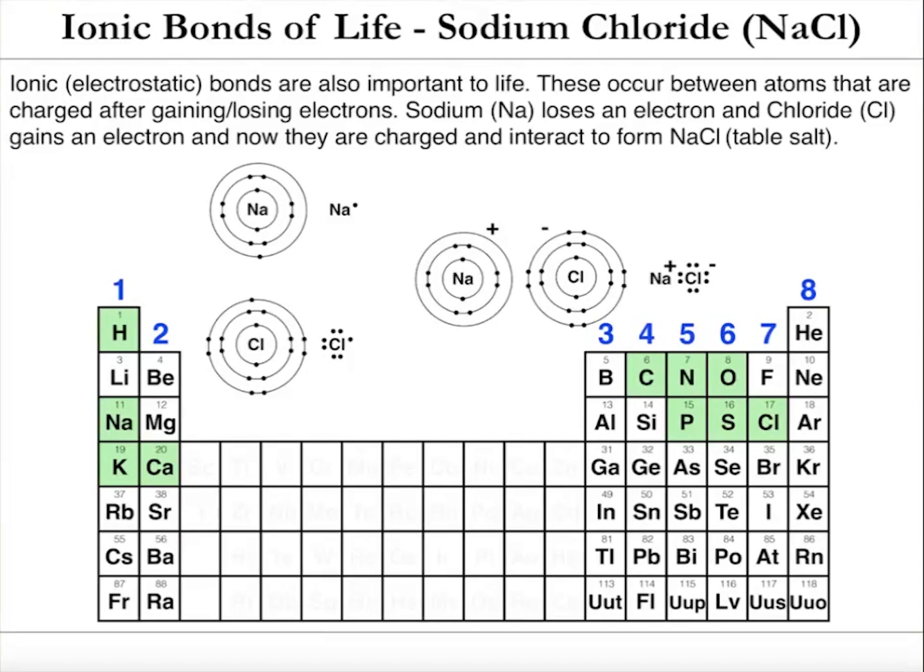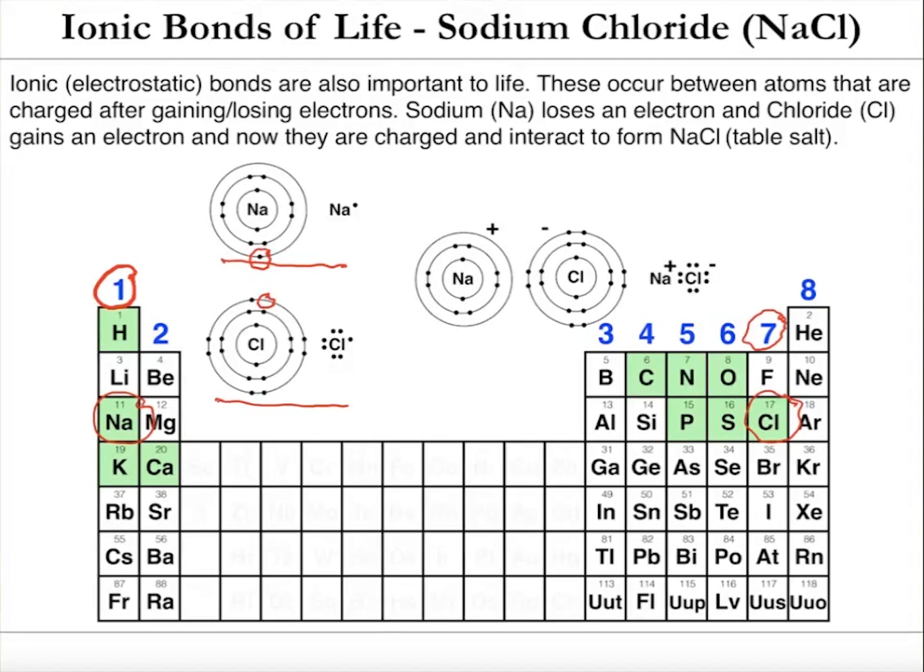So a really common example is sodium and chloride, which are both important for life's processes. So sodium, you can see, is here in the first column of the periodic table, and chlorine is in the 7th column of the periodic table. So that means sodium has only one extra electron in its outer valence shell, and chlorine only needs one electron in its outer valence shell.